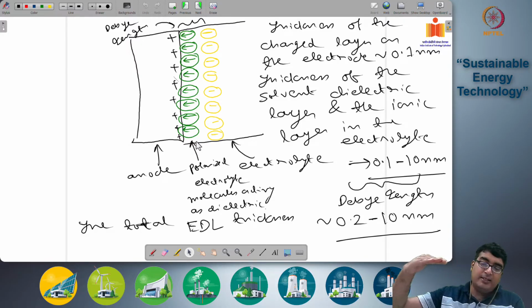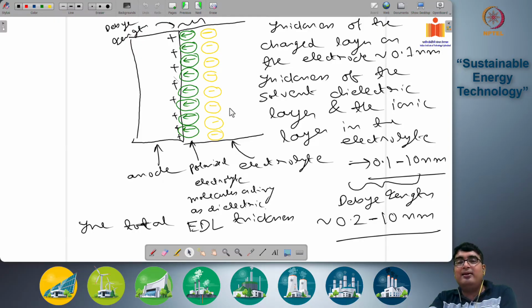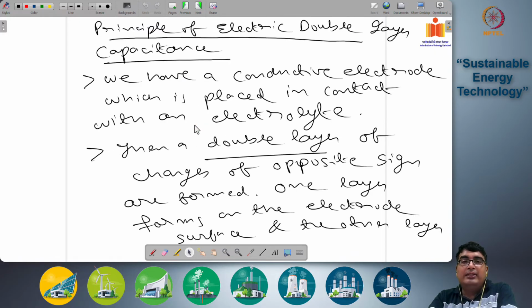So the anodic surface is porous, okay, and the porous anodic surface is adsorbing a single molecule layer of the electrolyte on its surface, and that adsorbed layer of electrolyte is separating the negative ions that are present in the electrolyte and the positive charges that are collected on the anode surface. Okay. So you have a single molecule layer of electrolyte separating the two charges, and this single molecule layer is basically what is acting as the dielectric.